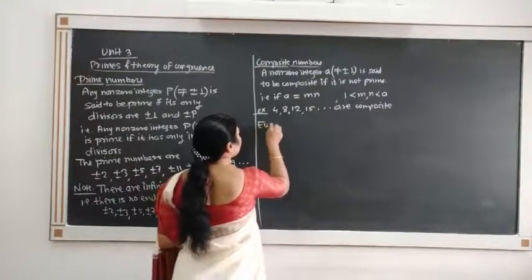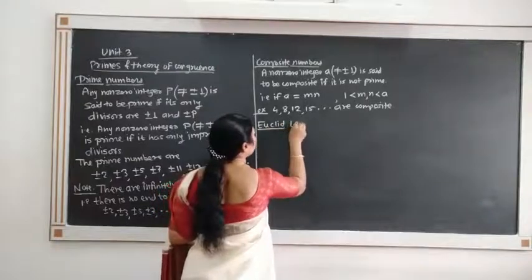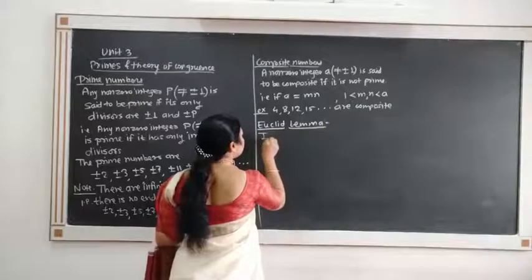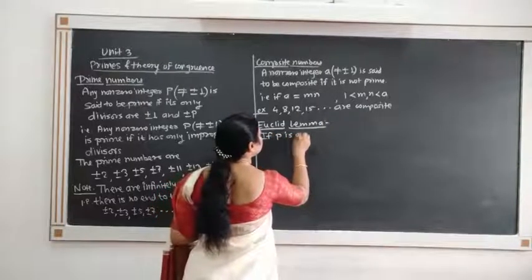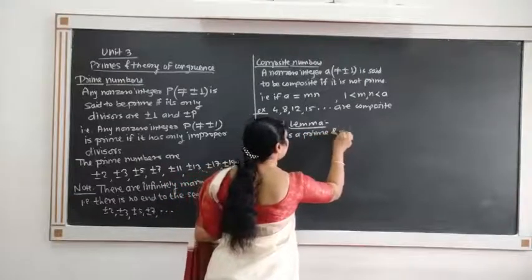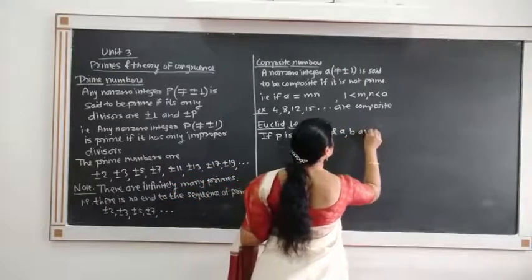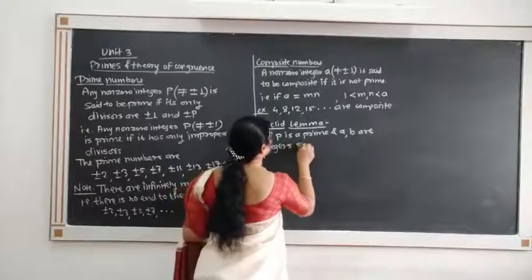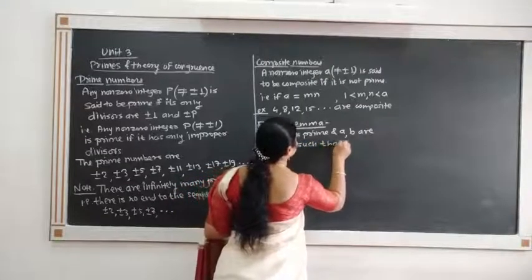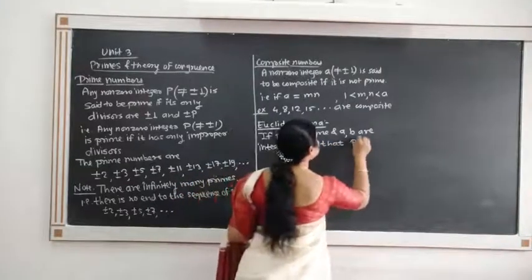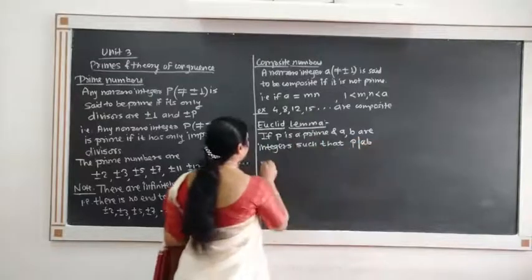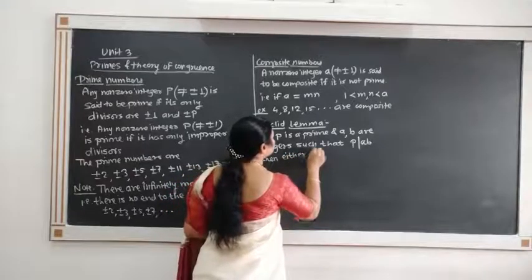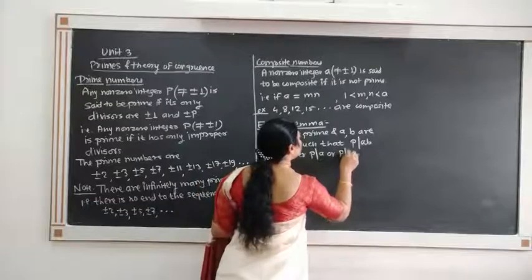Now we are going to see one of the important theorems or lemmas known as Euclid's lemma. It says that if p is a prime and a, b are integers such that p divides ab, then either p divides a or p divides b.